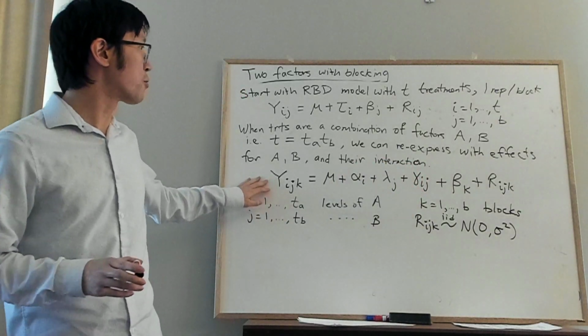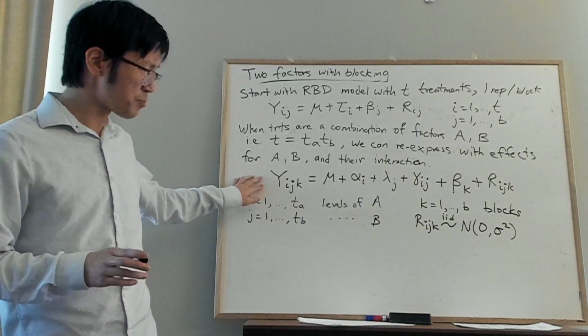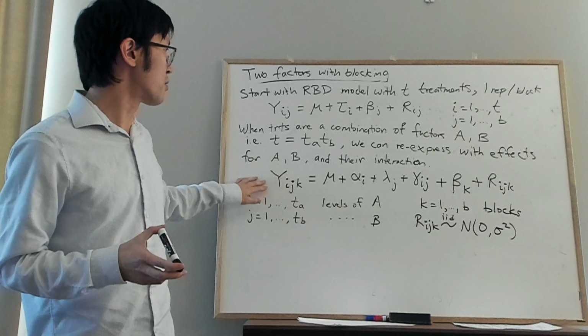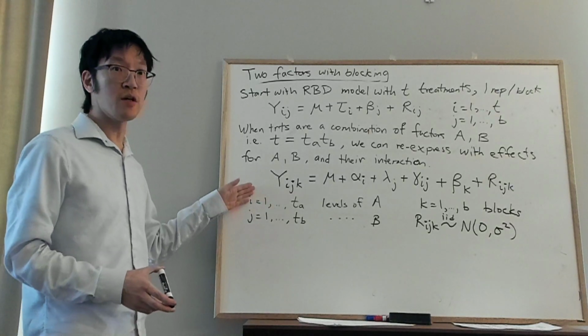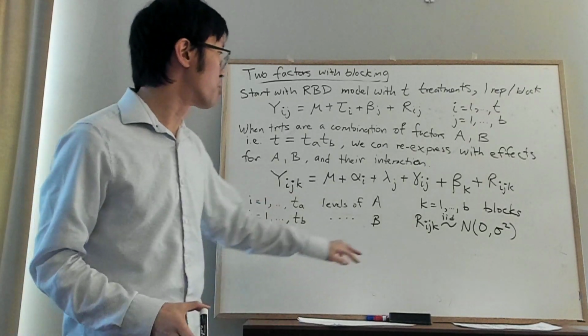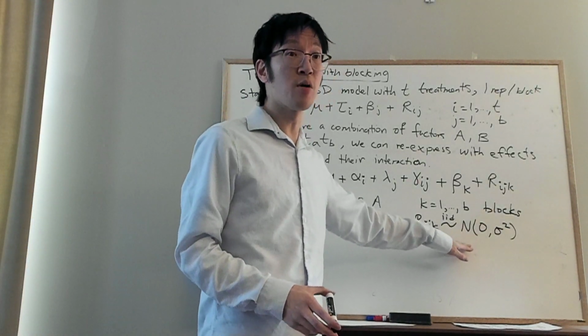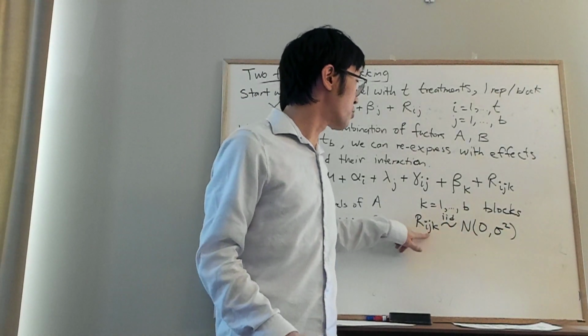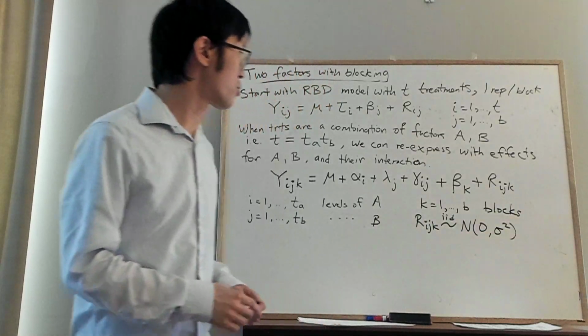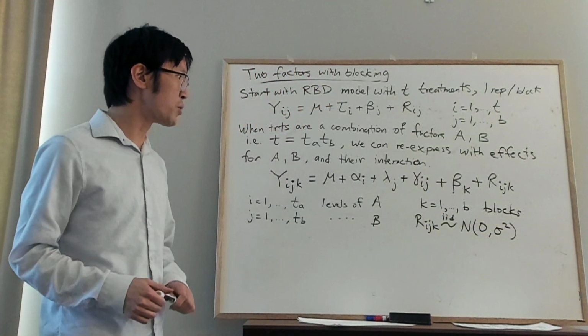Though that would not be a key thing to remember here, because this is looking at it as a model setup, and we're imposing this as a model assumption, not necessarily on the data.